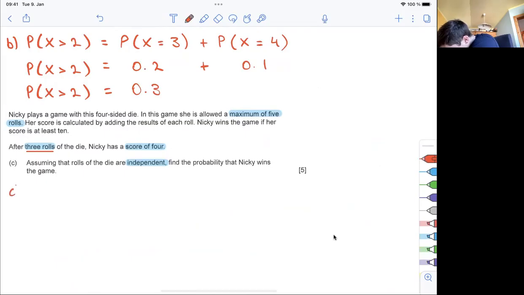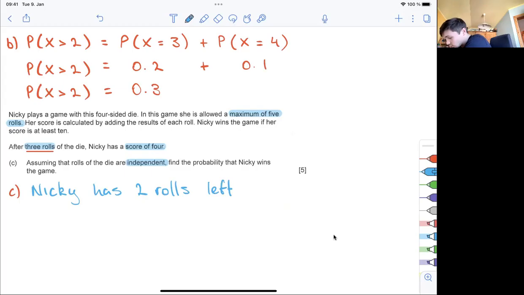We'll say Nikki has 2 rolls left, and in order to win, she must score 10. She must score 10 from the 5 rolls.